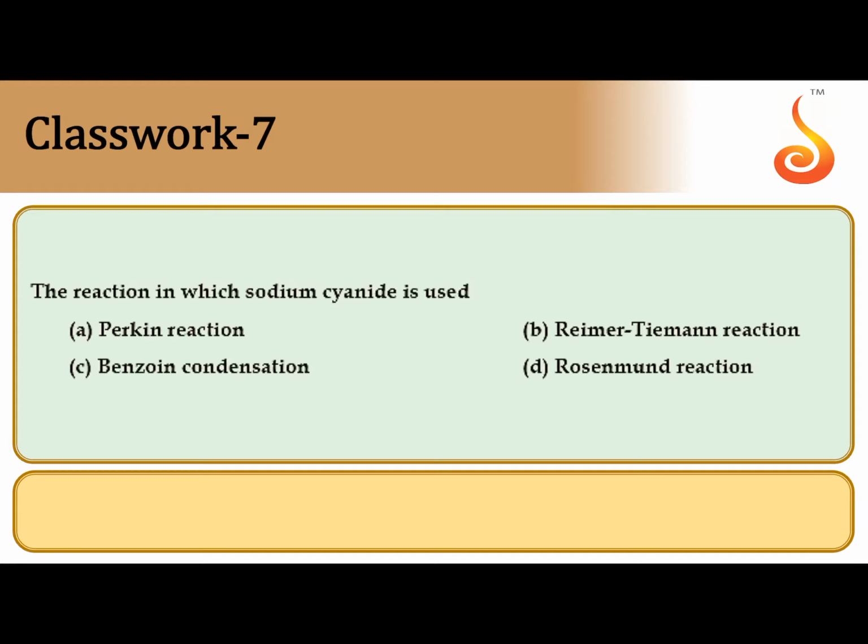The reaction in which sodium cyanide is used. For benzaldehyde, there is one specific name reaction, benzoin condensation. When benzaldehyde molecules are subjected to condensation by reacting with alcoholic KCN or sodium cyanide, they undergo condensation.